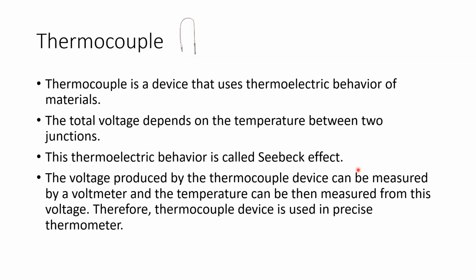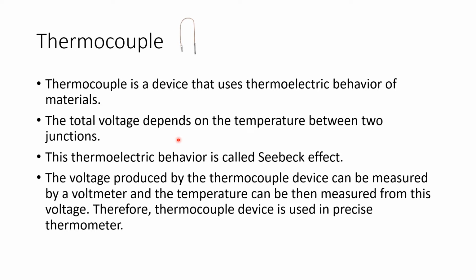All right. A thermocouple is just a device that looks like that, and there are also other similar devices. You can Google it and a whole bunch of different devices will come up. You will see some pictures. So a thermocouple is just a device, and this device uses the thermoelectric behavior of materials. In thermoelectric behavior, you have two effects, which I just showed you in the previous slide: your Peltier and your Thomson.